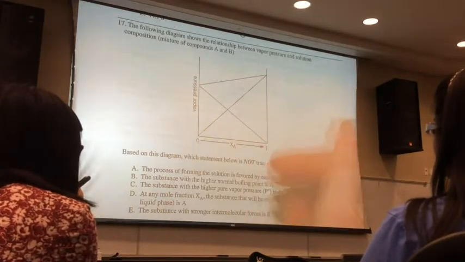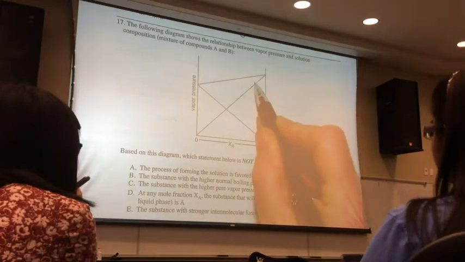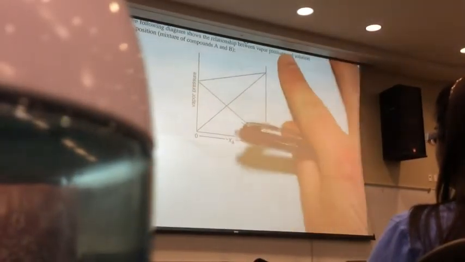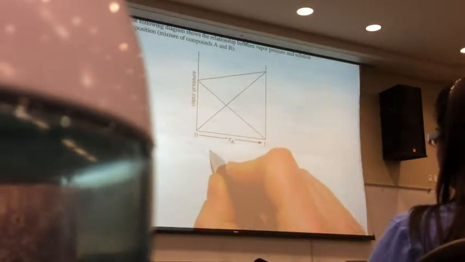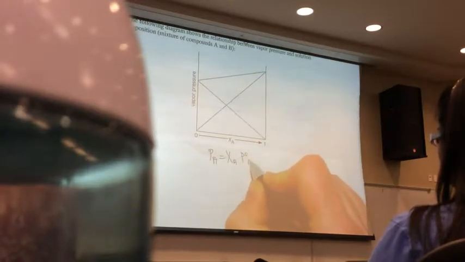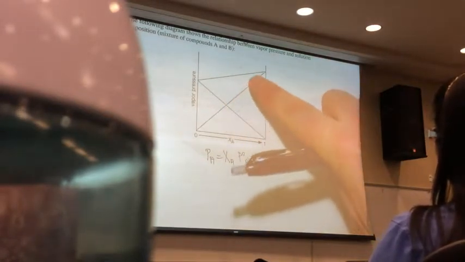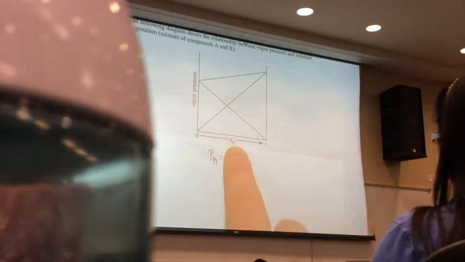So this is a two-component Raoult's Law diagram. Let's look at this line right here. This is the Raoult's Law line. This is the pressure of A, which is its mole fraction times P0A. When the mole fraction of A is 0, the pressure of A is 0.